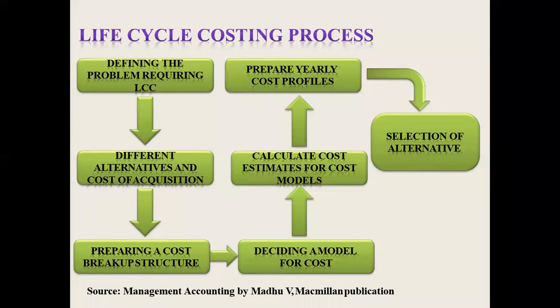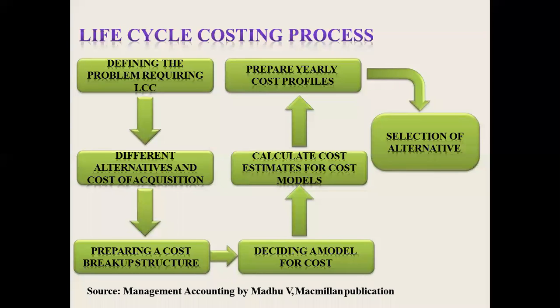So for example, if you take a flat, then what carpet area is provided, what is the cost of carpet area, what passage you have provided, what is the area of passage, what is the cost per square foot for passage, what is the cost per square foot for living room or bedroom, how many galleries you have provided.